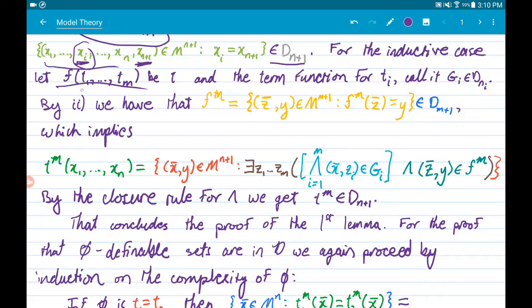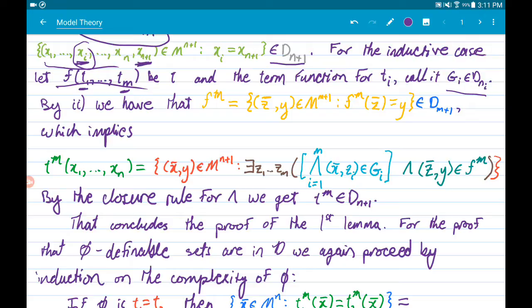We assume that each one of these terms has lower complexity, and so we know that the theorem holds for it: each one has some number of arguments, and its graph is in D_{n_i}, whatever its length of arguments is.